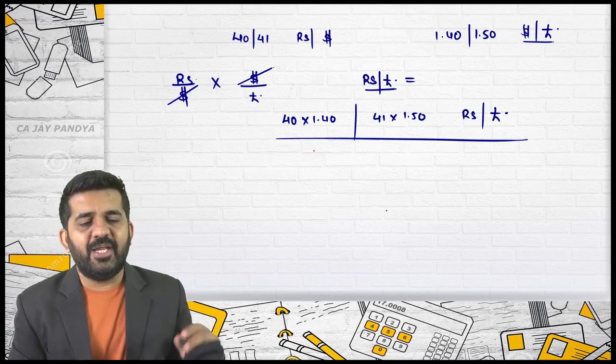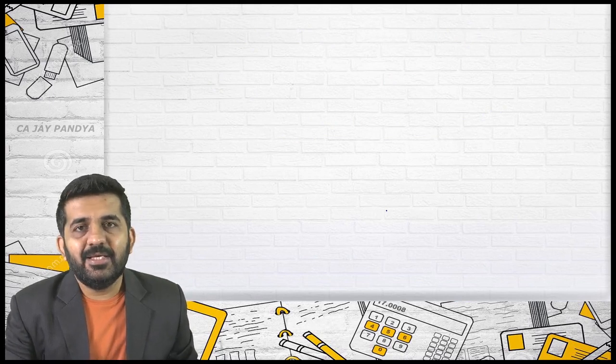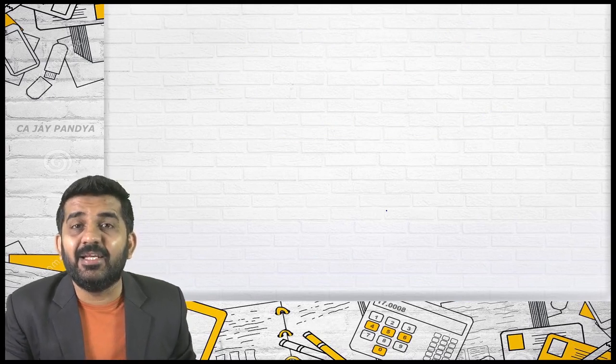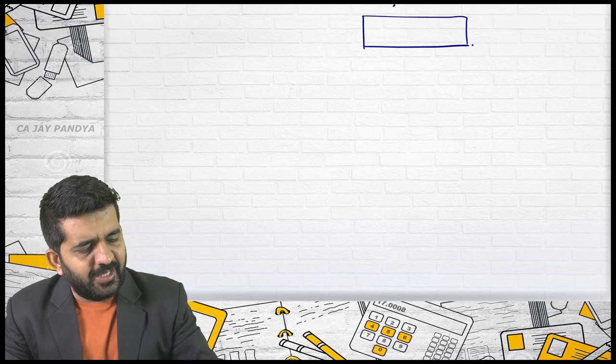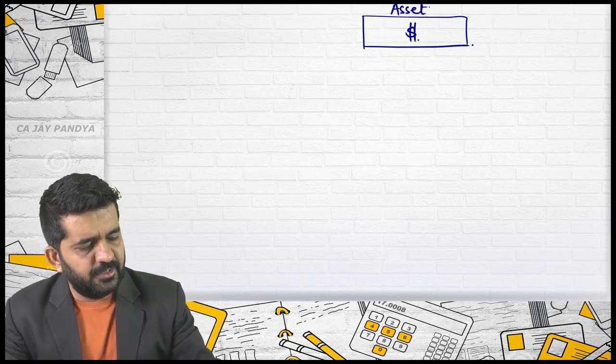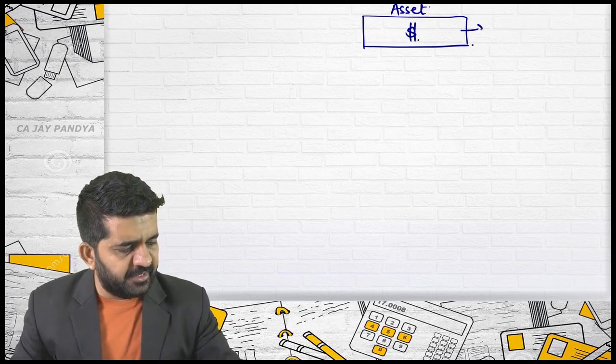We are going to the next concept, forward of currency. As I have told you in the previous lecture, ultimately foreign currency is an asset. It is an underlying asset. So instead of potatoes, the underlying asset is a dollar or any foreign currency.